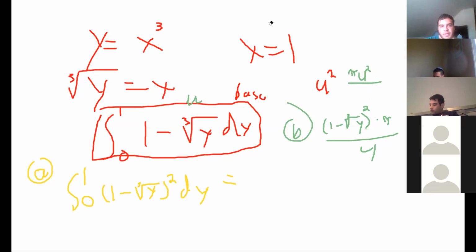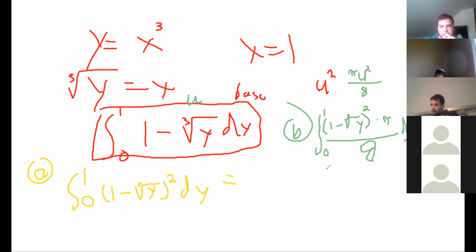Just a note, these equations should be consistent no matter what the base is, because the u is what changes in the base, but the pi over 8 doesn't change. So this is still 8, which means this is also 8. From 1 to 0, dy.